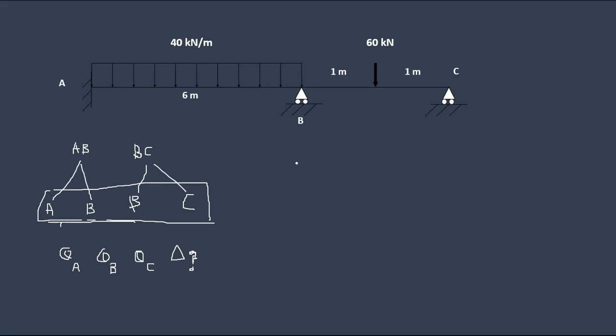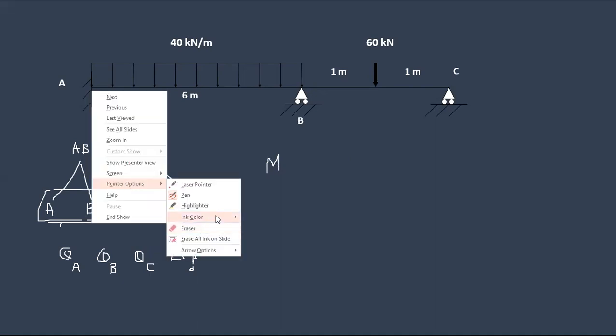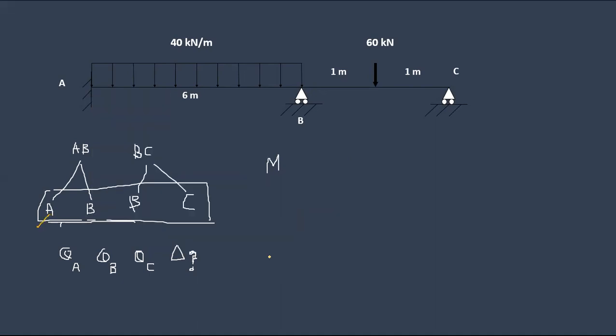So yes, we can now find it like this. MAB, so I'll apply for this one. First thing is the fixed end moment.